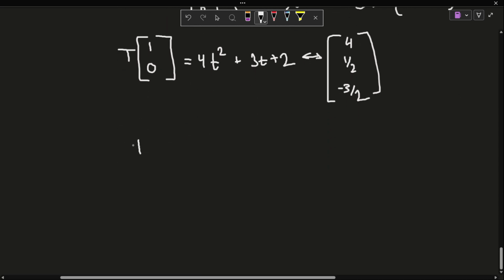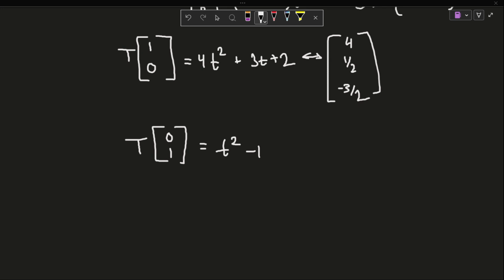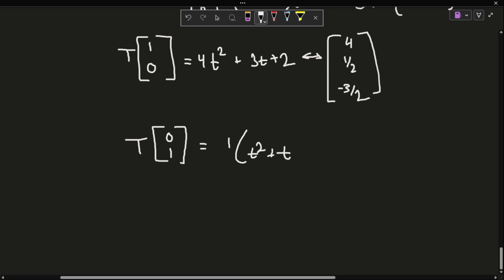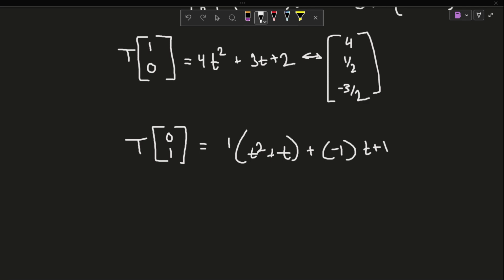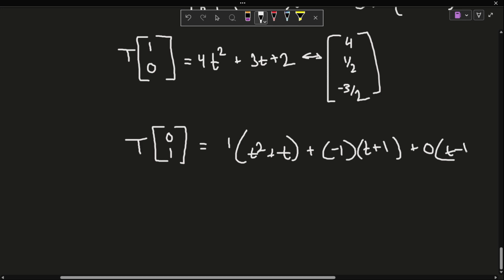From there, let's use the second vector in our standard basis for R2, so 0, 1, and plug it in. Similar reasoning yields 1 t squared plus t, minus 1 into t plus 1, and then plus 0 into t minus 1.